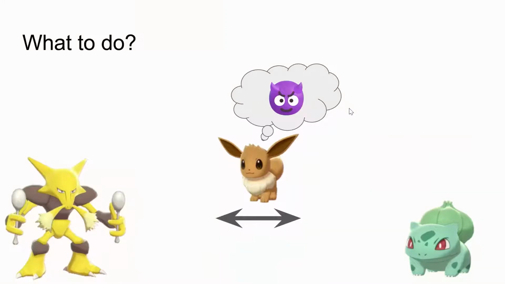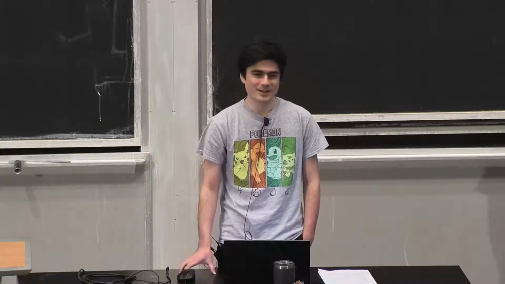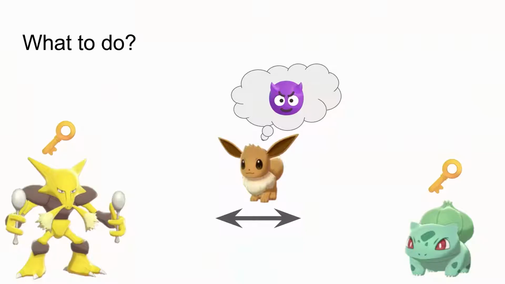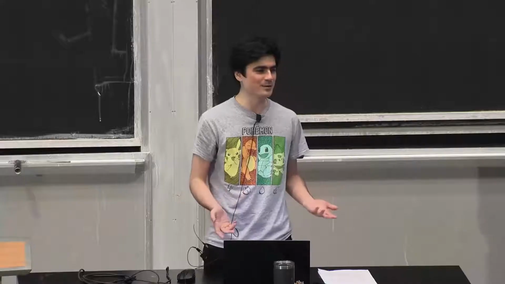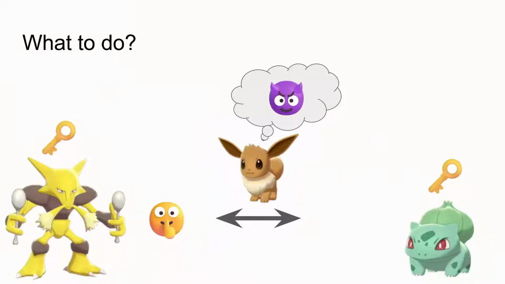So what can we do? Well, if we think about the actual postal system, we could put a seal on it, like an old-fashioned wax seal. Basically, Alazkazam and Bulbasaur are going to share some key. They have a message that they'd like to share, and it's supposed to be secret.